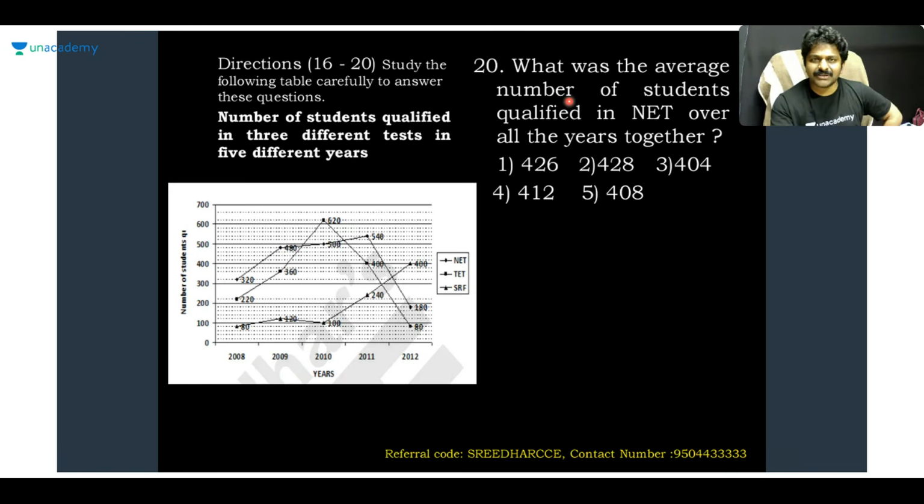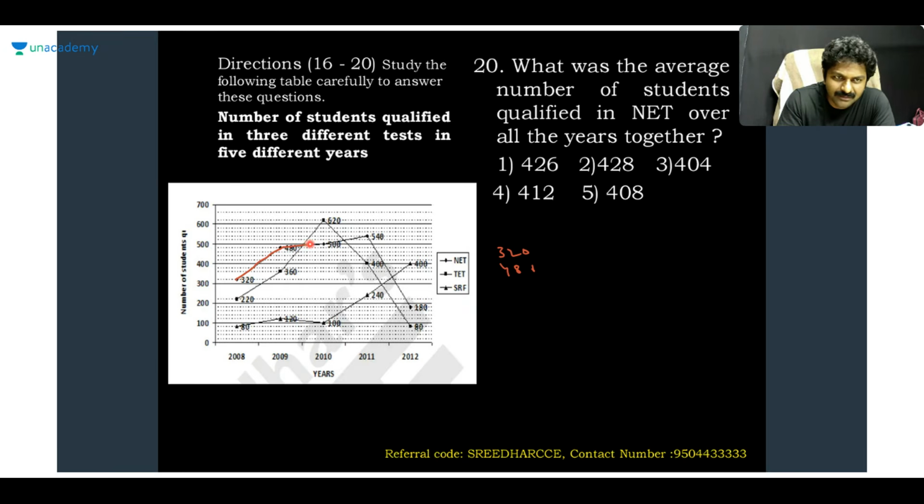What was the average number of qualified in NET over all the years? NET, diamond value. Now look at the diamond values. When you observe it, 320, 480, just follow the line. 500, 540. 180. The sum of these two numbers is 600. 500, 500, 1000. 600, 1000, 1600, 1700, 40, 80, 120.